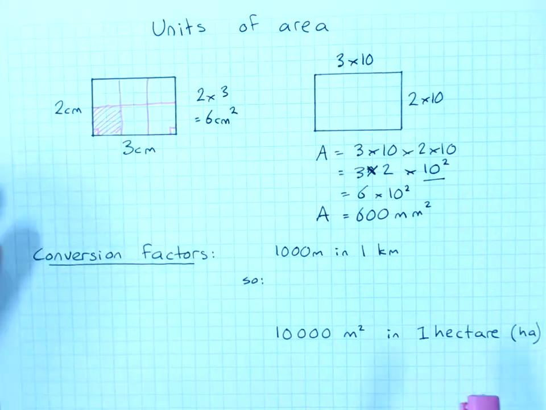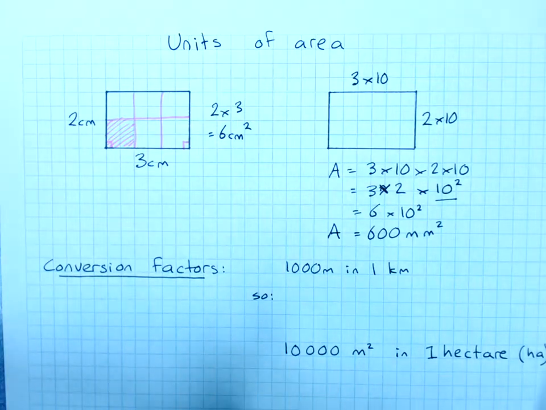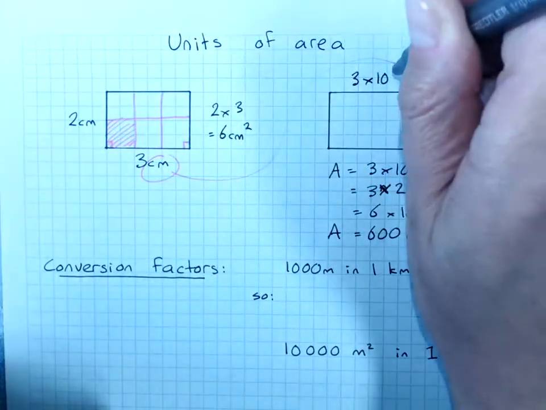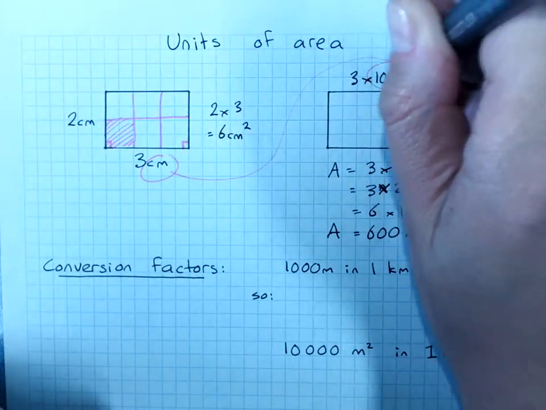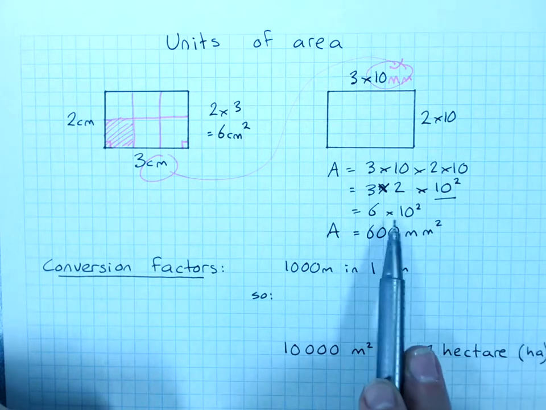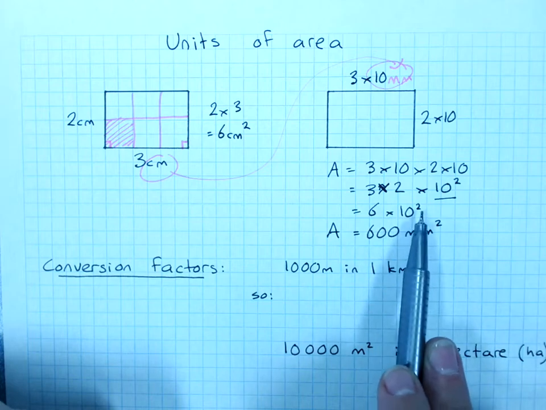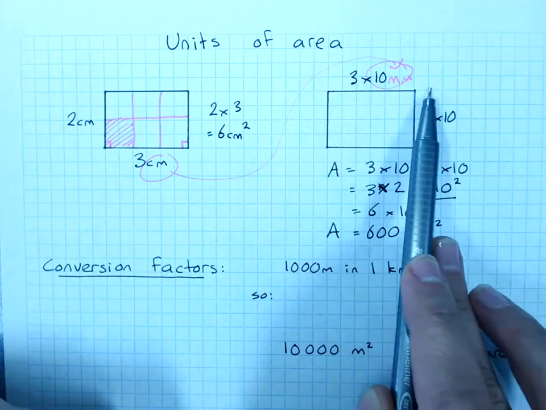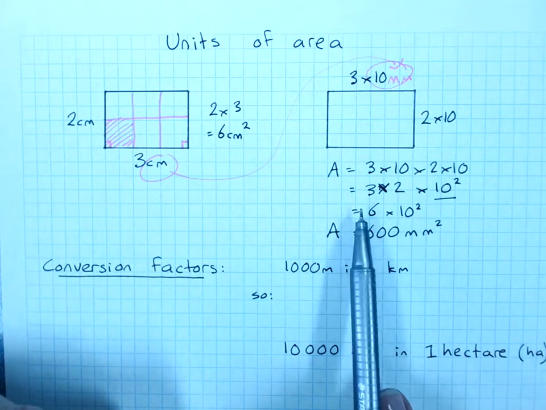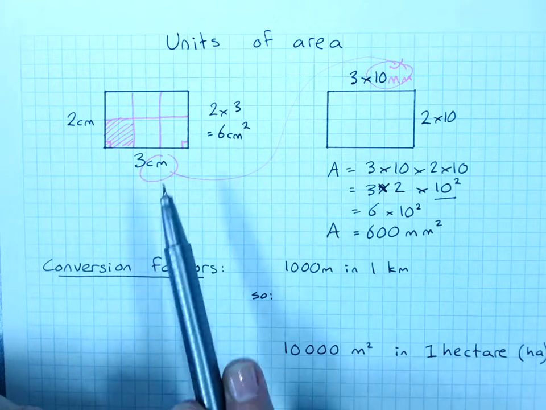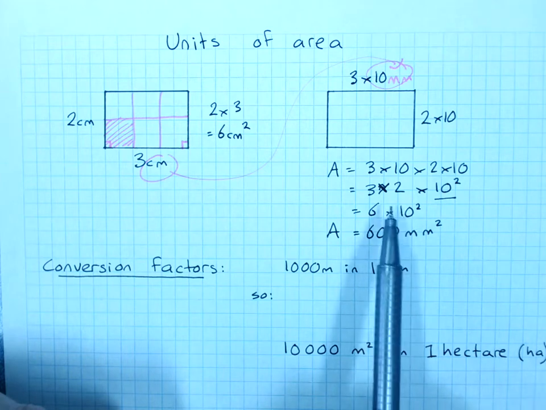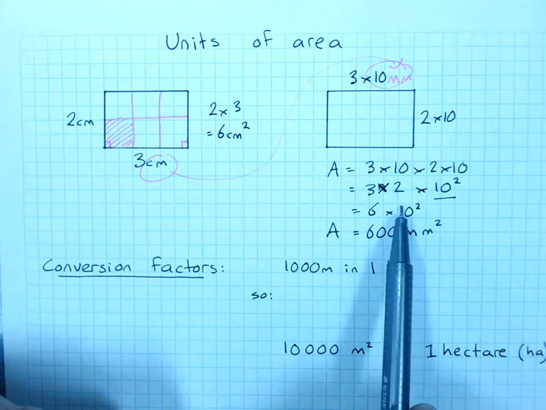So this is done to illustrate that while the length conversion from centimeters to millimeters is times 10, the area conversion is times 10 squared, because we had to change this dimension and this dimension, and it means effectively we've multiplied the area in centimeters by the length conversion of 10 squared.